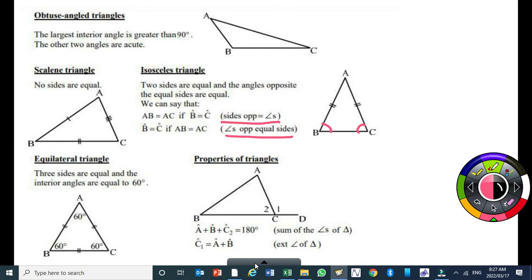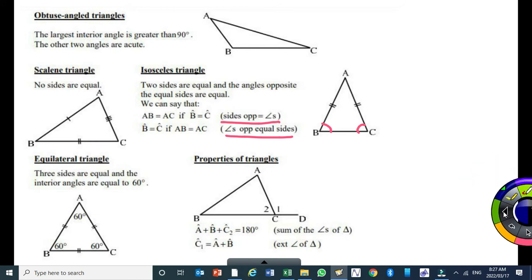Therefore, if you do the math, A plus B plus C2 gives you 180 degrees. That's sum of angles of a triangle. Then, if you add C1 plus C2, you get 180 because they are adjacent angles on a straight line. Okay, let me just show you this.